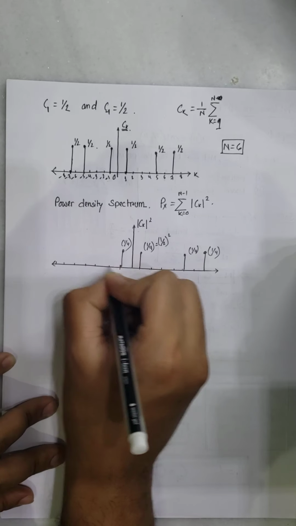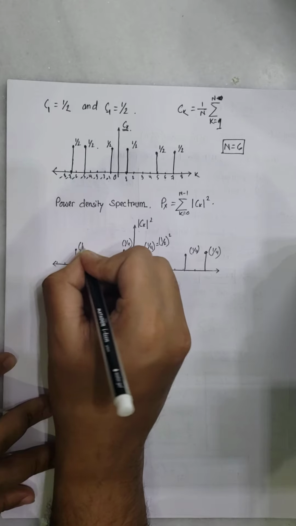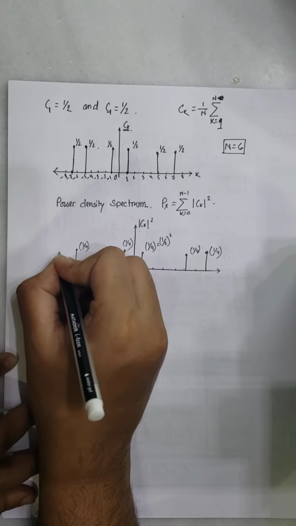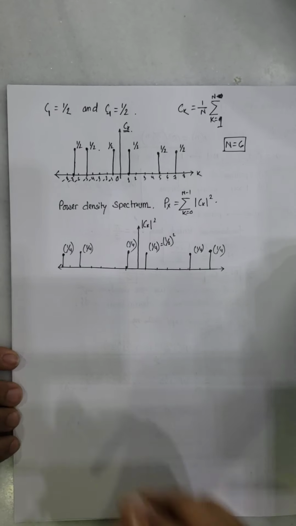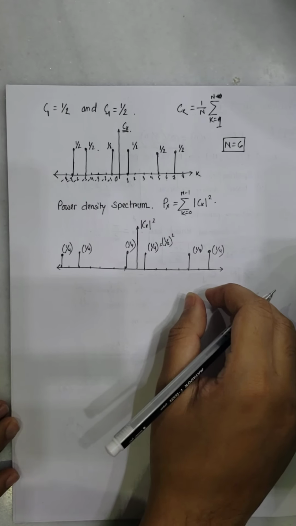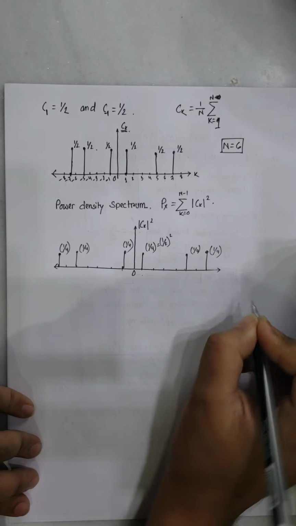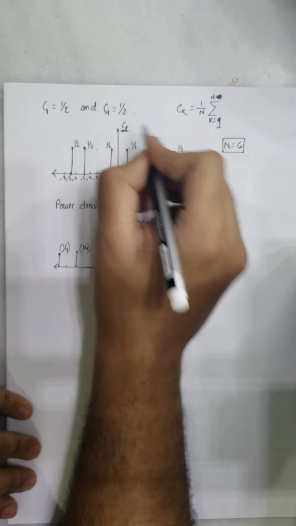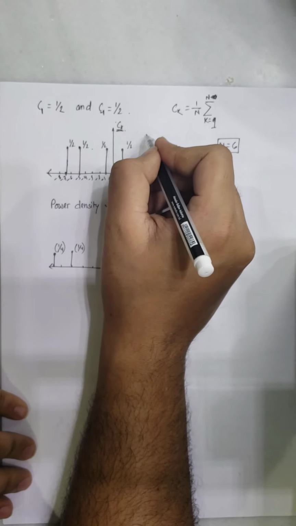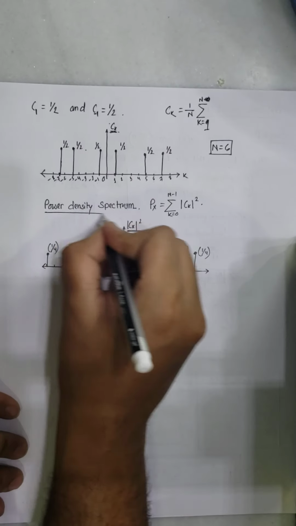In the fifth sample on this side, this will be 1 over 4. And consequently, this will also be 1 over 4. So, what have we learned? We have seen that by simply squaring the magnitude spectrum of any given function, we can determine the power density spectrum.